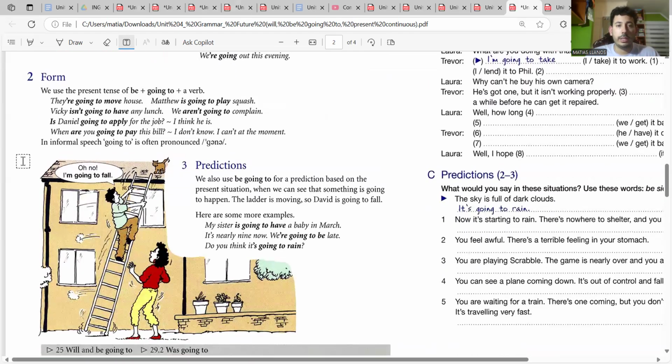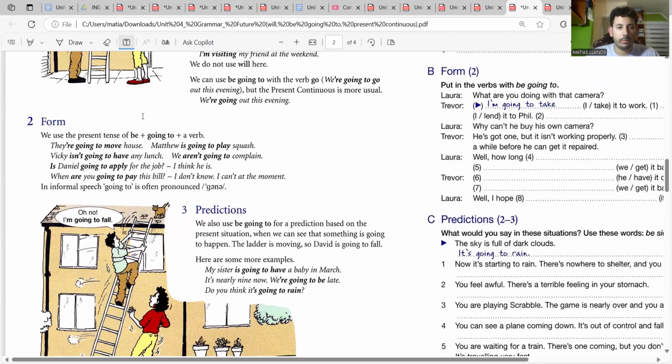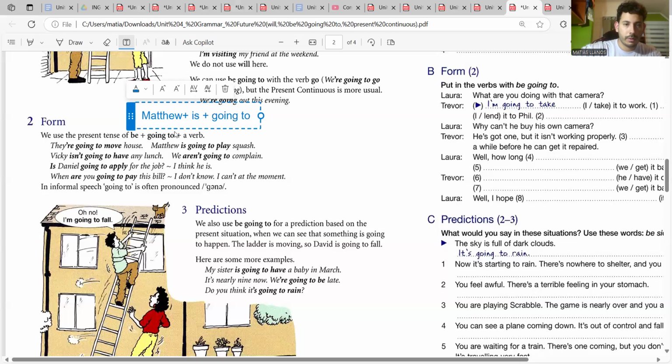So we use present tense using be plus going to plus a verb. Like this: they are going, they are, that's the be, they are going to move house. It sounds weird, but yeah, Matthew is going. So Matthew, it's the subject, plus the verb be, plus going to, plus the verb.